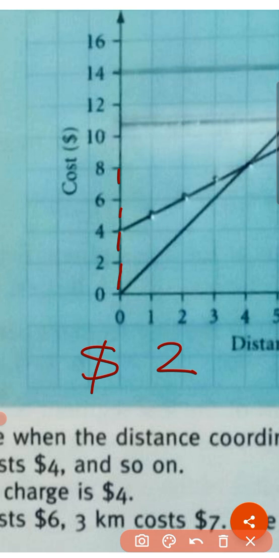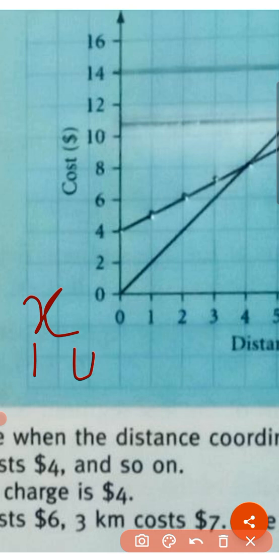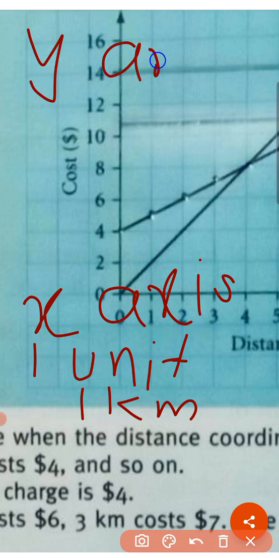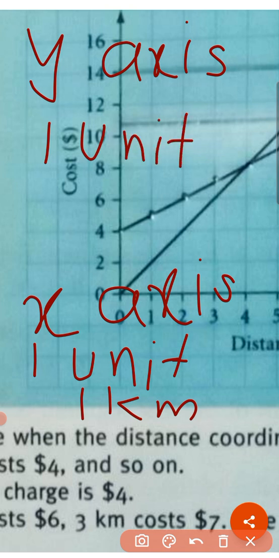So each unit is equal to $2. So children, the scale of this graph is, x-axis, 1 unit is 1 kilometer, and y-axis, 1 unit is equal to $2.